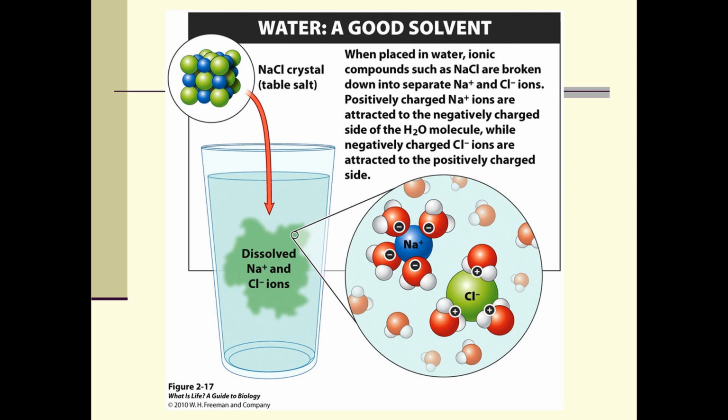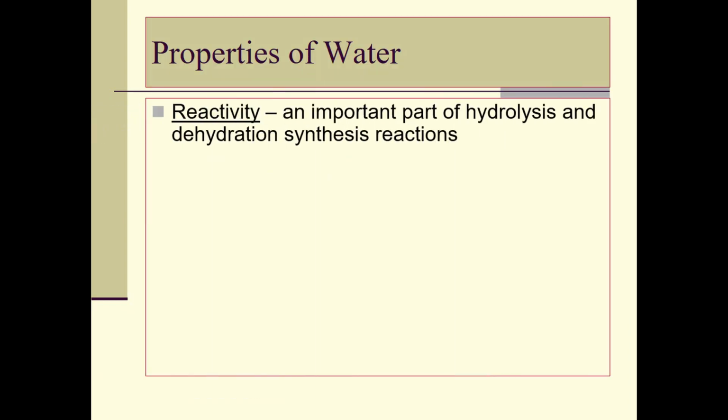So you have to understand these polar and nonpolar interactions. Like dissolves like. You add oil to water, that oil will not interact with the water because the oil is nonpolar. All right.